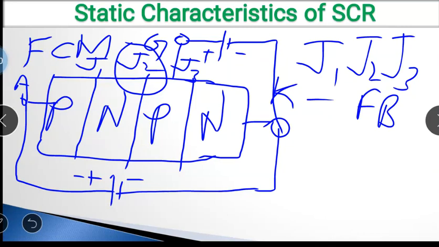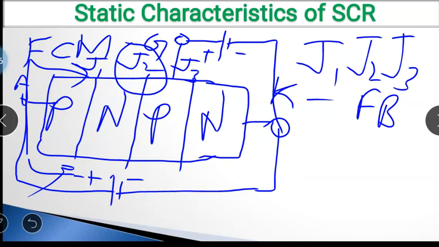Finally, the density of electrons increases and electrons flow from cathode to anode, and the current flows from anode to cathode. So there is the possibility of flow of current. That means we can say that the SCR goes into conduction mode, that means right now the SCR is in the on state.